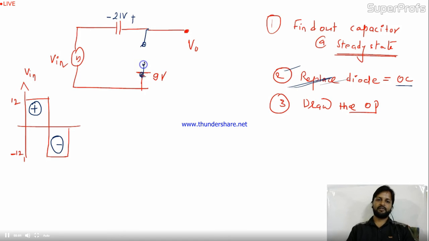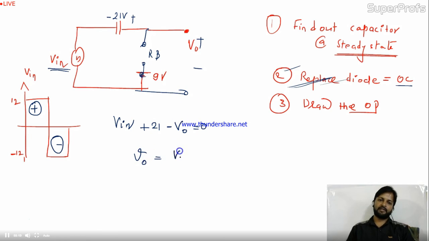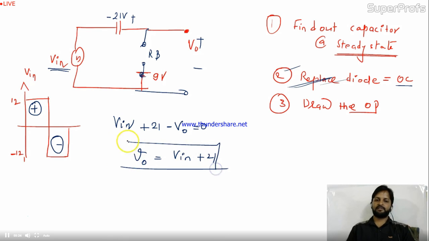Next step, the diode is open or reverse biased. In the reverse bias condition, now please apply KVL in the circuit. Start with V in minus plus 21, and this is plus minus V naught. So minus V naught equal to 0. So V naught is nothing but V in plus 21. So there will be a plus 21 swing on the input.